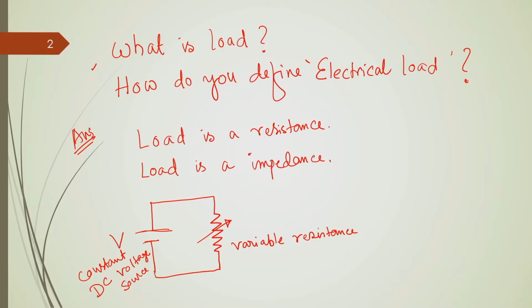Even an undergraduate student in the very first semester learns this, so they know what a variable resistance is. Now, since load is a resistance or impedance, as you answered, in this circuit this is my source and this is the load.